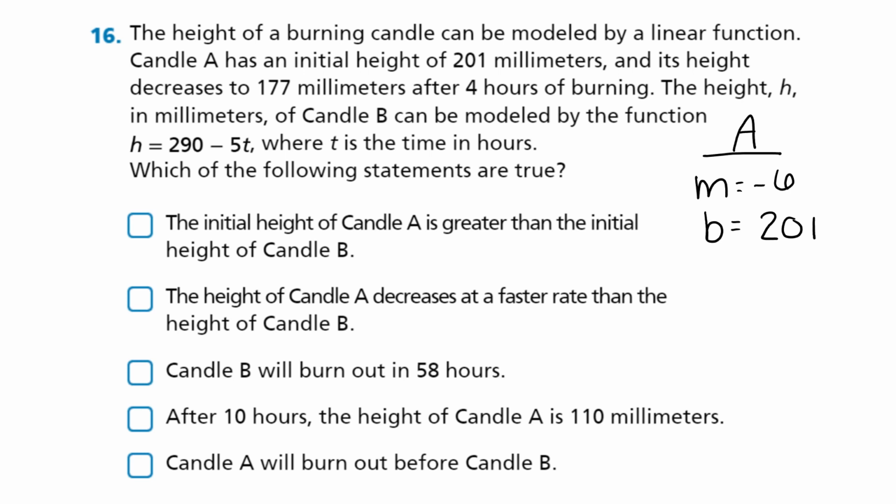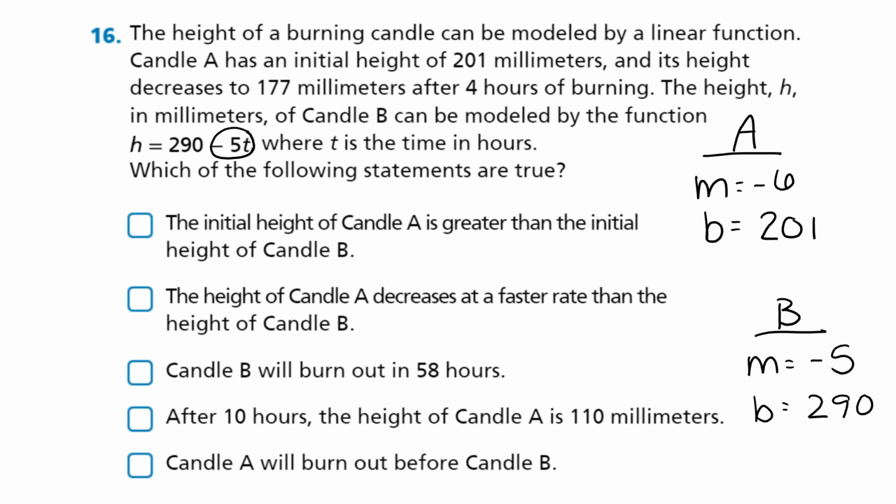Decreasing -6 times 4 hours is -24 millimeters, which when added to the 177 gives us the 201 that we started with. For candle B, we're using the equation, so it would be the -5t for our slope, and then our initial value of the 290.